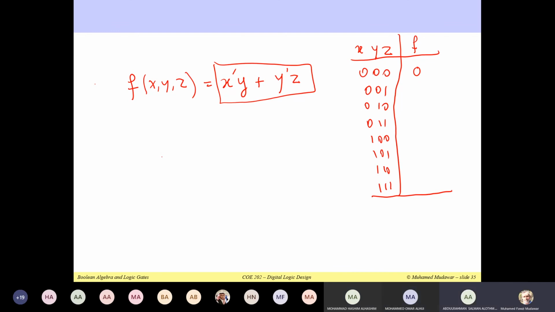Notice that y prime will be 1, z will be equal to 1, so therefore we got 1, right? 0, 1, 0. 1, because actually x prime will be equal to 1, and y equal to 1, we got 1. 0, 1, 1. 1. Nice. Okay, 1, 0, 0.